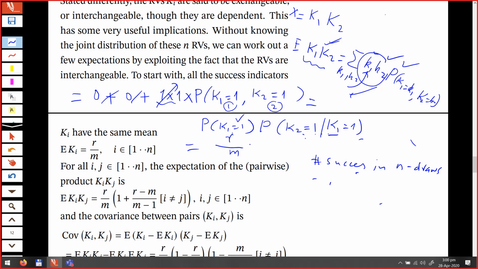And this is just with the second on first. So what was this? R minus 1 over M minus 1, because the number of possibilities overall has decreased and the number of successes has also decreased. Understood? So sir, this is the same as R falling factorial 2 over M falling factorial 2.